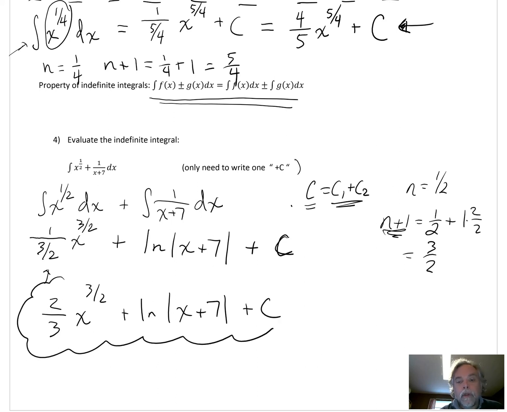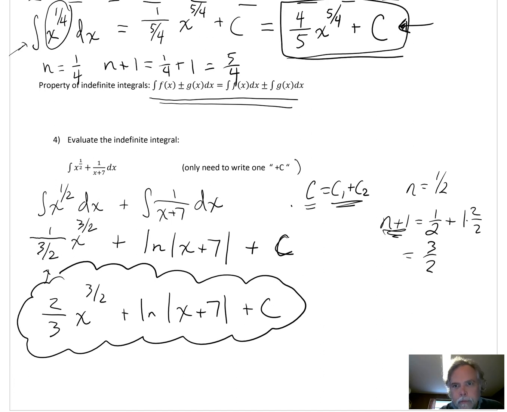So that's it. Now, I do want to mention here, because a lot of you are probably noticing when you look up here, and this is true, this is how it works, but sometimes people don't take the time to work through this.